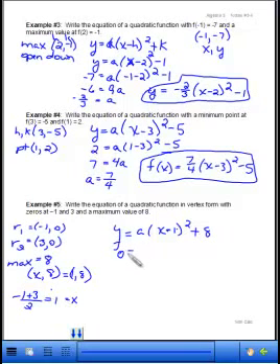So 0 equals a times 3 minus 1 squared plus 8. So I'm going to add 8 across and have -8 is equal to 4a. That's 2 squared. And then when I divide by 4, I have -2 equals a.